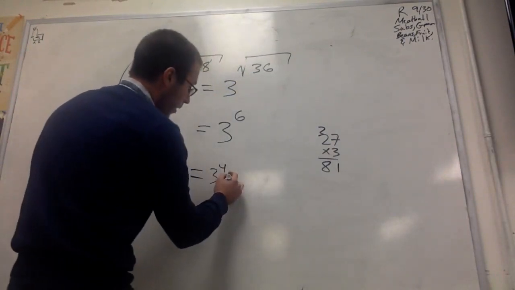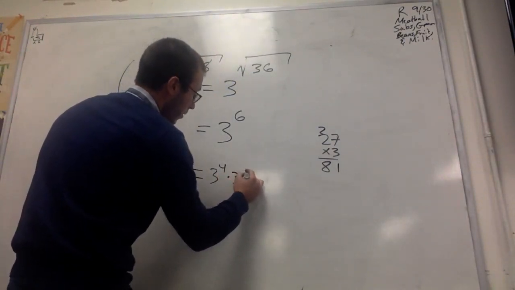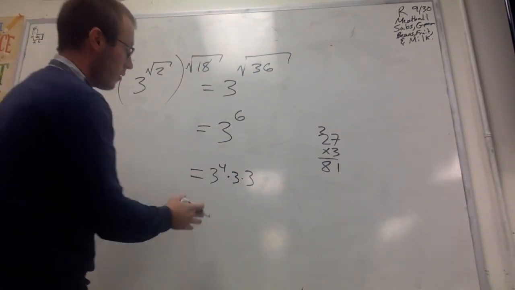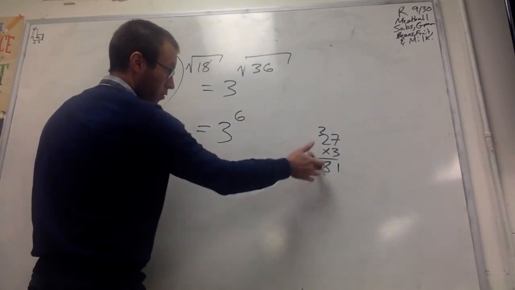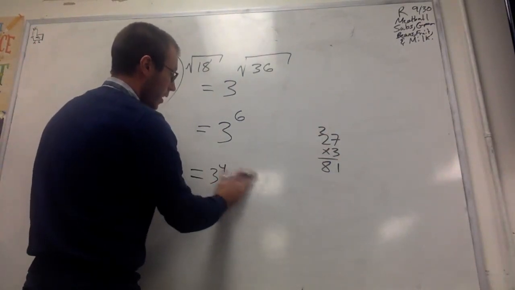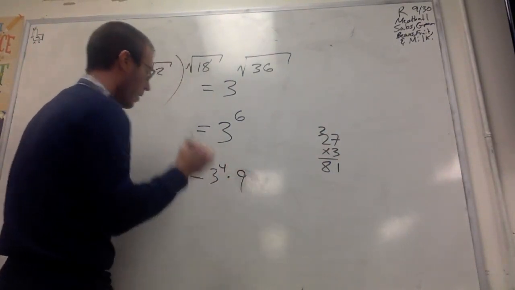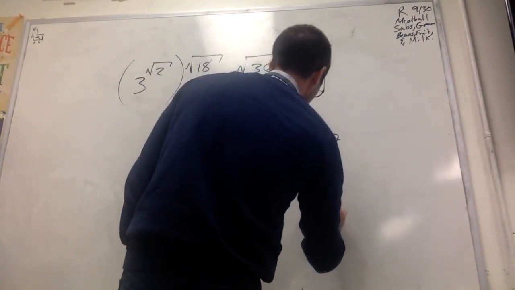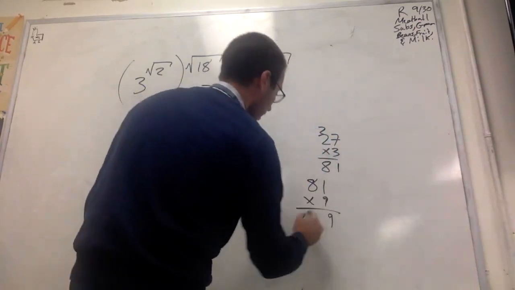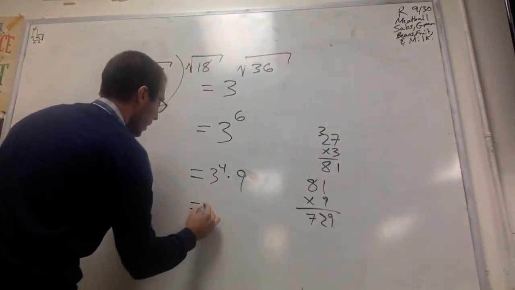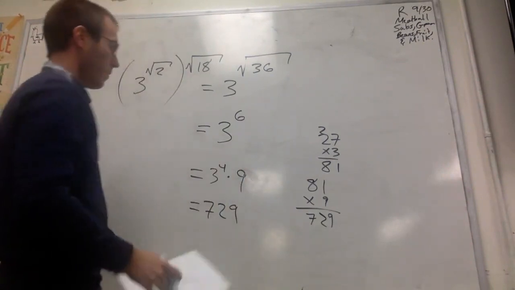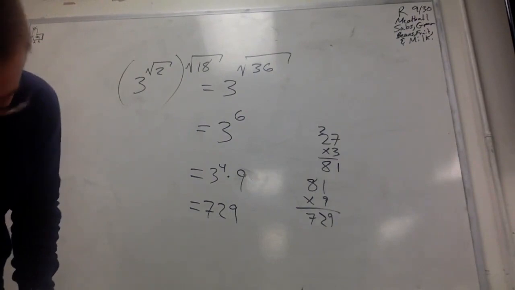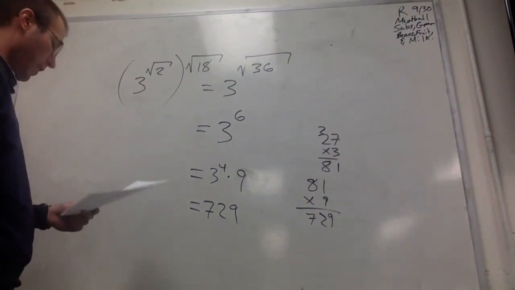Well, so I could go times 3 times 3 would be 3 to the power of 6. So in other words, I'm going to go 3 to the power of 4, which we said is 81, times 9. So I'm going to go 81 times 9. 9, 72. So I should get 729. 729 is that answer when I simplify that one.